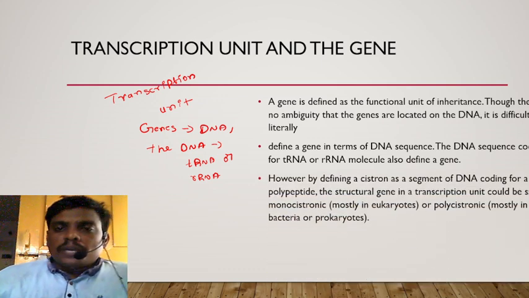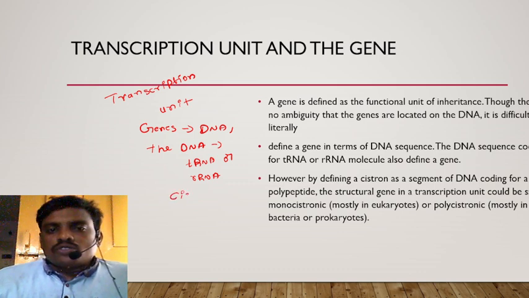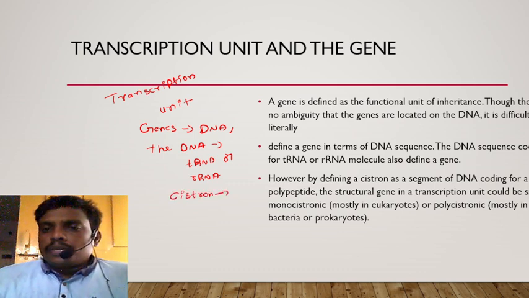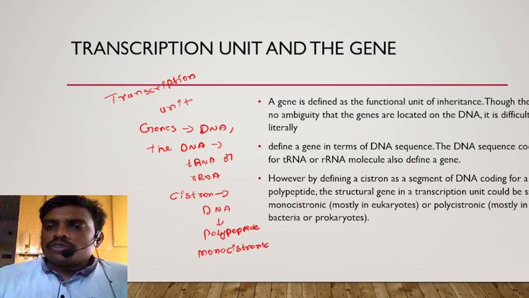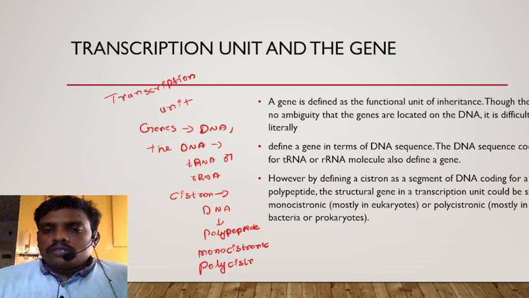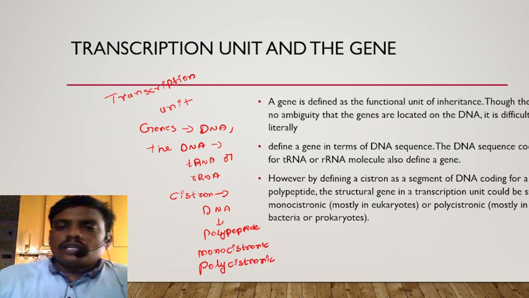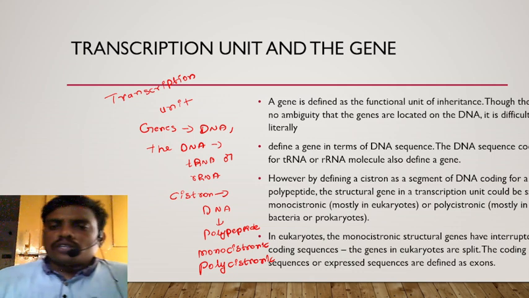However, by defining a cistron, what is a cistron, we will learn in the coming point. A cistron is a segment of DNA which is coding for a polypeptide, and the structural gene in the transcription unit could be said to be monocistronic. Monocistronic is mostly in eukaryotes, whereas the polycistronic condition is mostly seen in bacteria and prokaryotes.